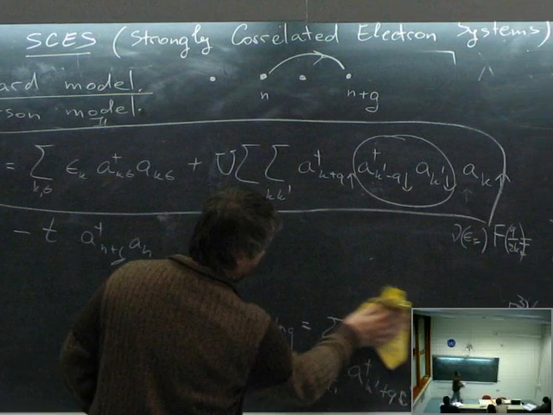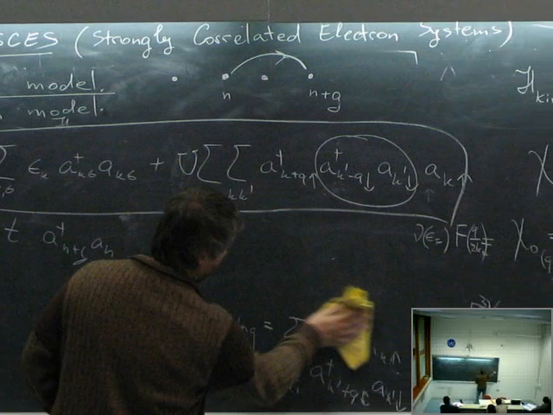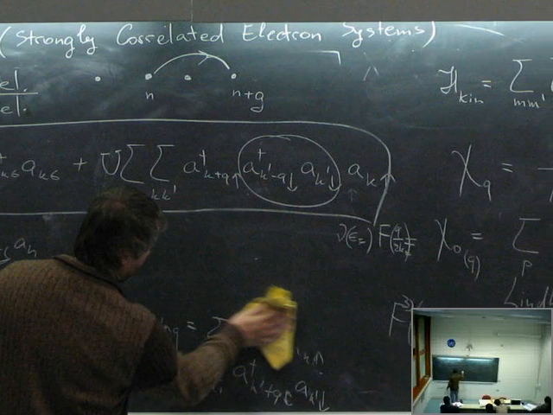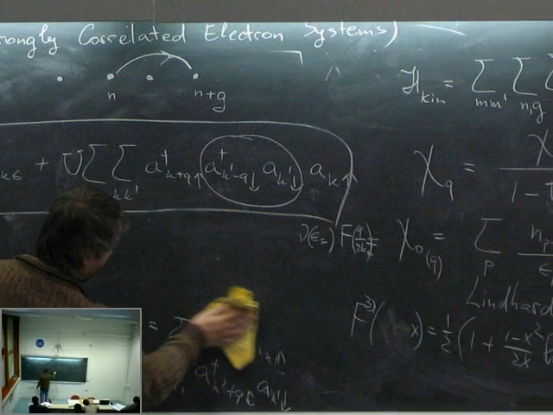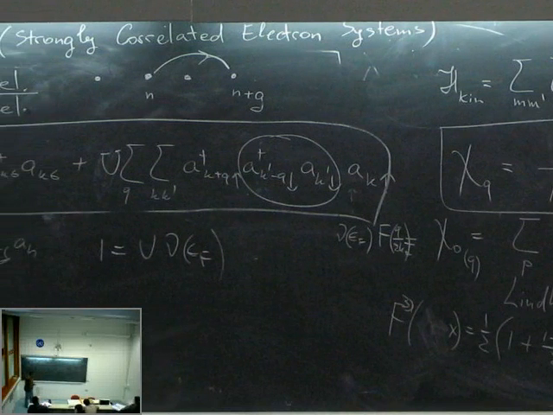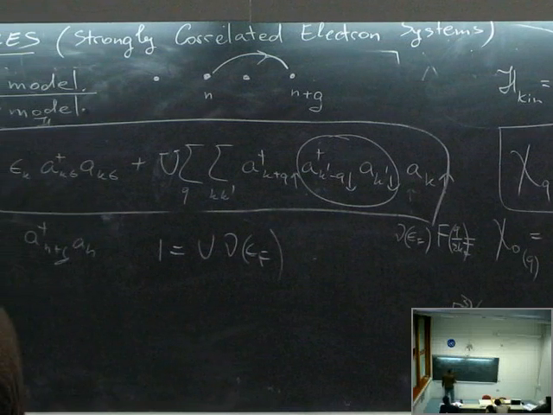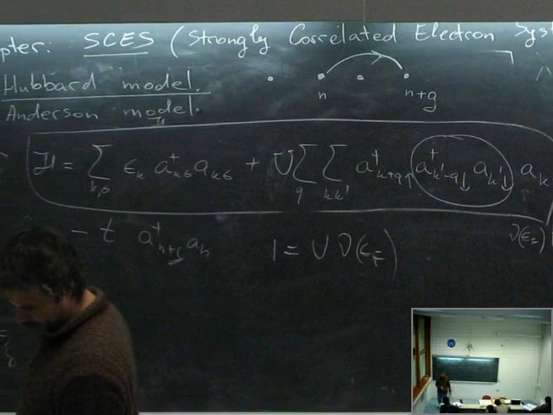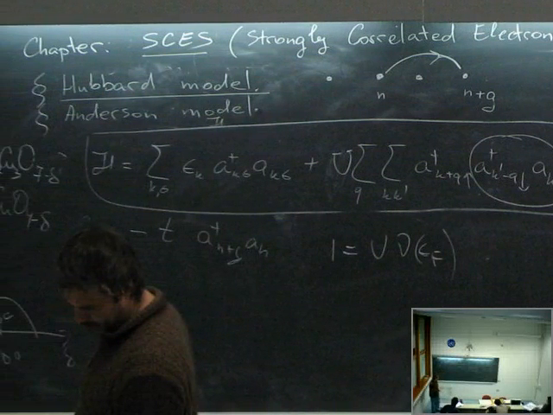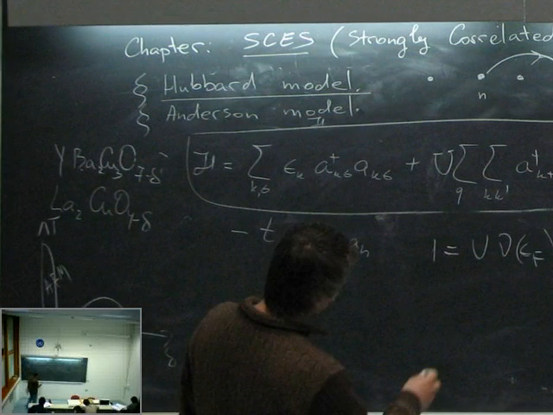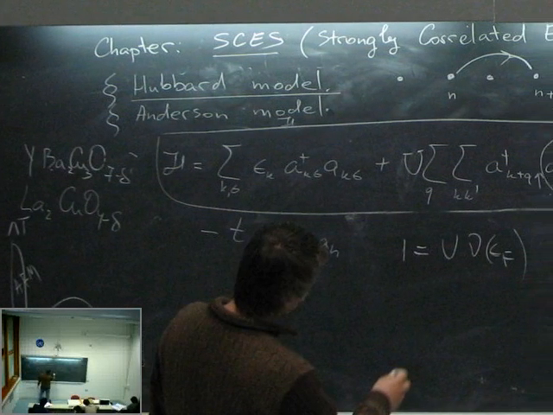What we see from the expression for susceptibility is that 1 equal to U times the density of states is a special point. If U times the density of states is smaller than 1, then the system is paramagnetic. When it is larger than 1, the system is ferromagnetic. And this is the so-called Stoner criterion.